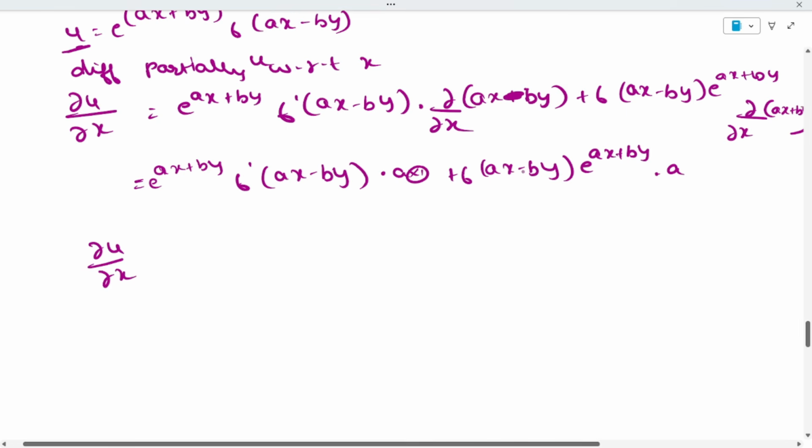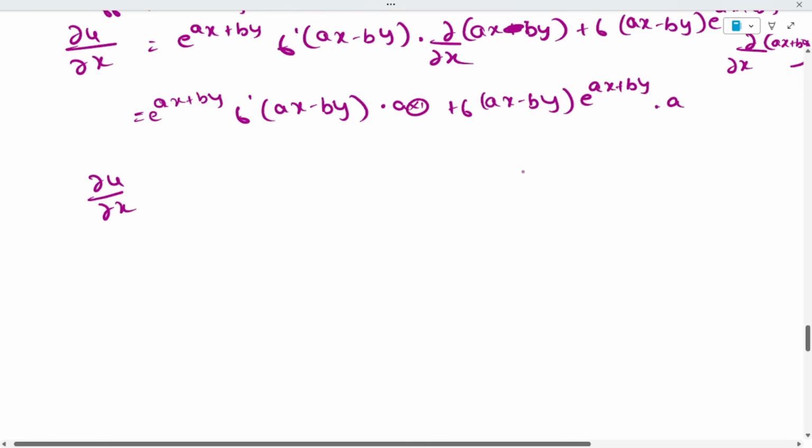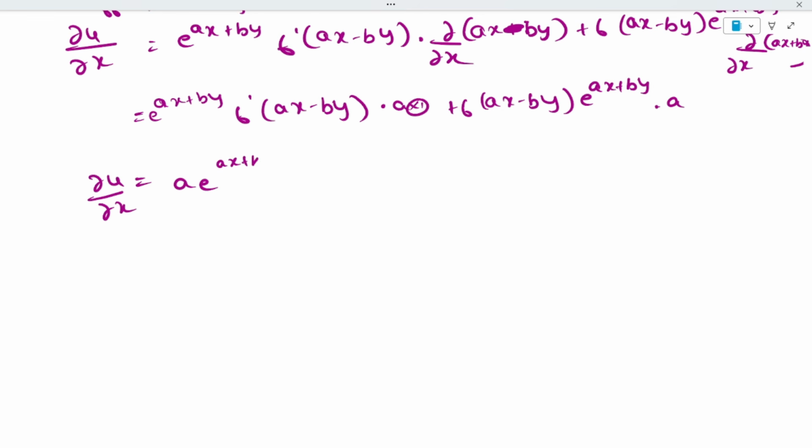Now to do that, del u divided by del x will be what? If you take out a, e power ax plus by, and next will be f dash of ax minus by plus au will be remaining, au. Now this was with respect to x; with respect to y you do again.